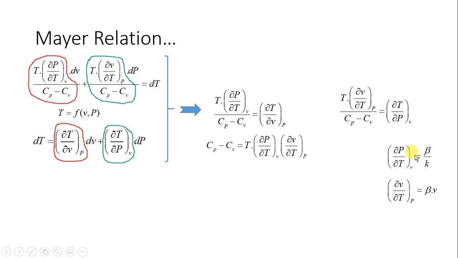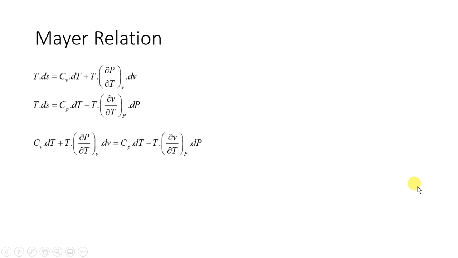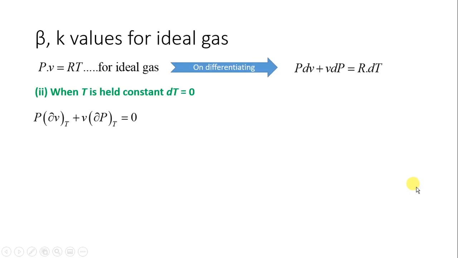Now what is this? We had derived previously, which is why we had seen beta and k, that dou P by dou T when volume is constant is equal to beta by k. This we have already derived. Similarly, dou V by dou T when pressure is constant is equal to beta into V. Let me show you the reference of this quickly.